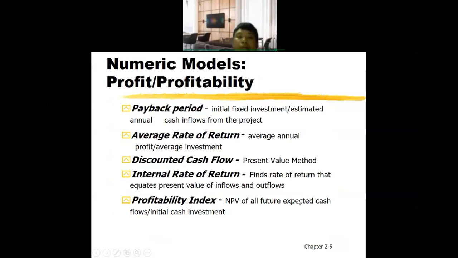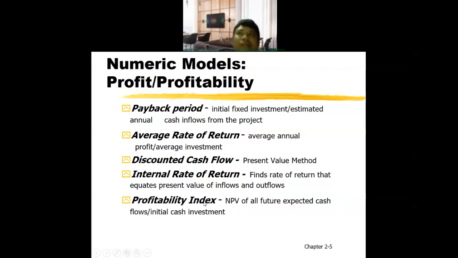How about the numeric model, or what we call the profit model? For numeric models, we can look at the payback period, initial fixed investment, estimated annual cash inflow from the project, average rate of return, average annual profit, average investment, discounted cash flow, present value method, internal rate of return, which finds the rate of return that equals the present value of inflow and outflow, and profitability index.